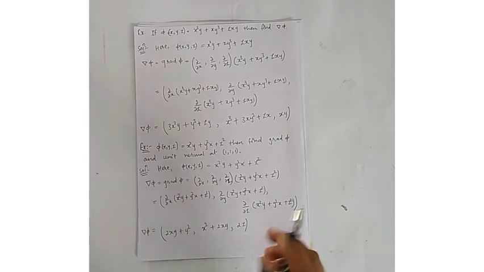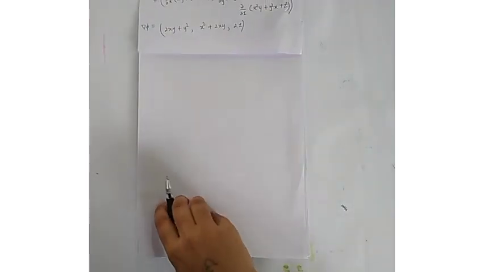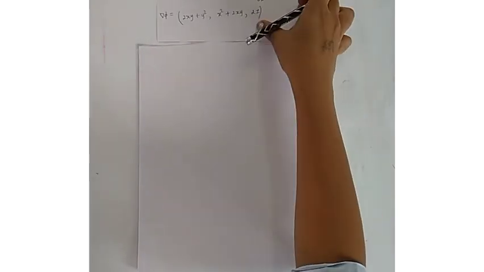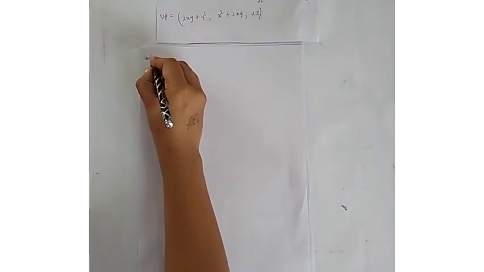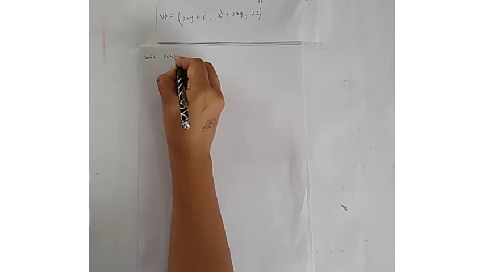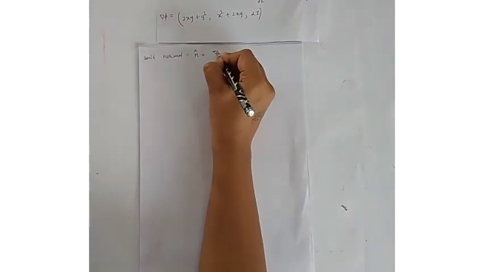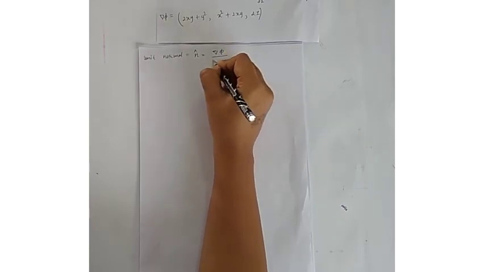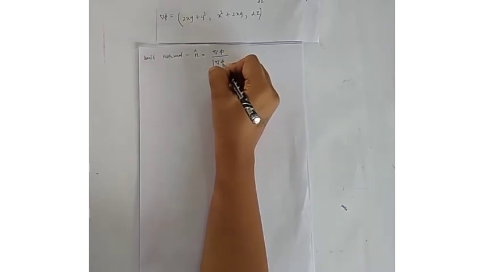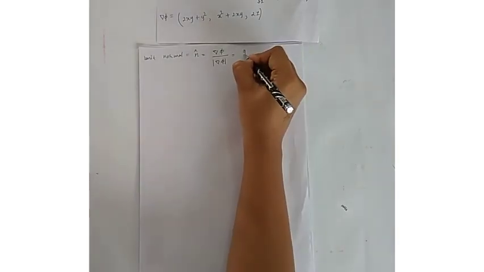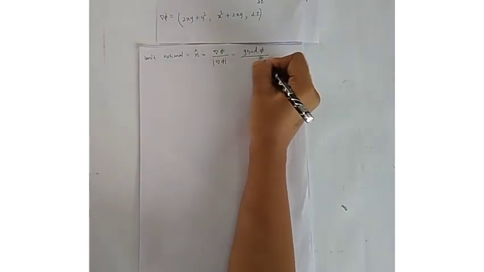So what is the definition of unit normal? Unit normal, we can call it n caret, is equal to gradient phi upon absolute value of gradient phi.